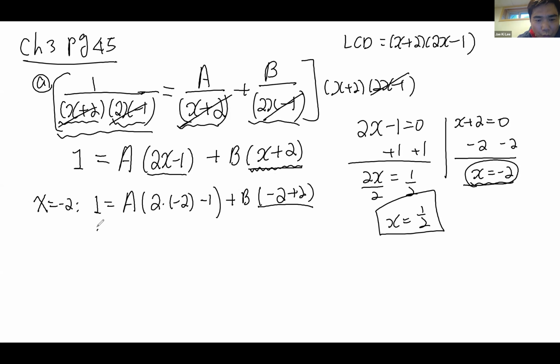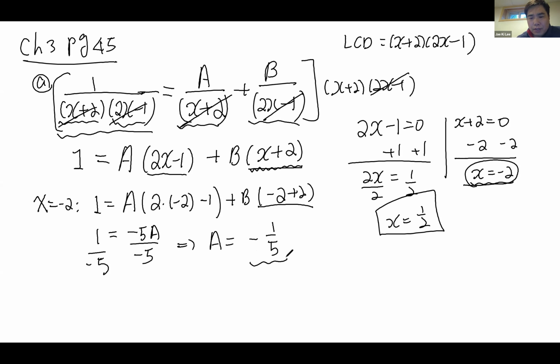So 1 equals negative 5A plus 0B. So we don't need it basically, so I'm going to just erase it. Then divide by negative 5. Therefore, we get A equals negative 1 over 5. So that's it.